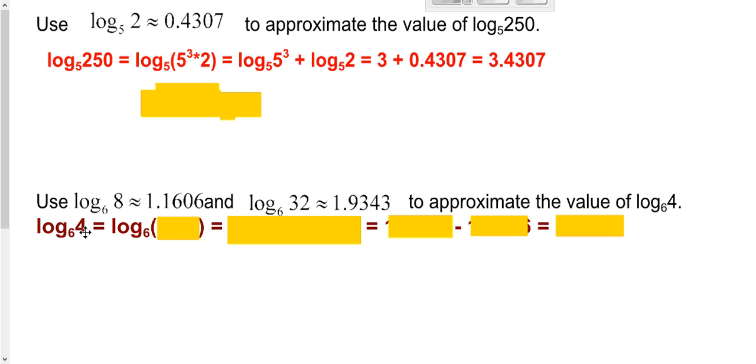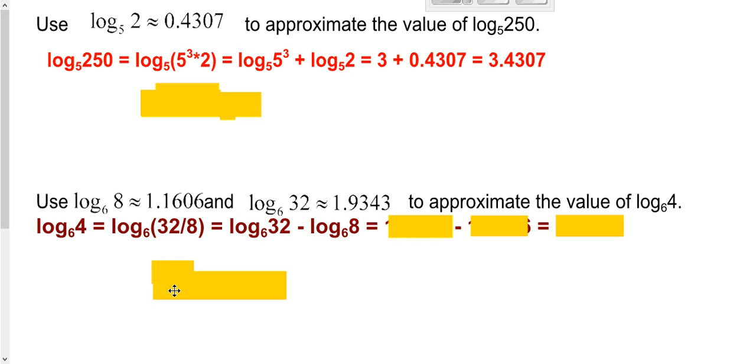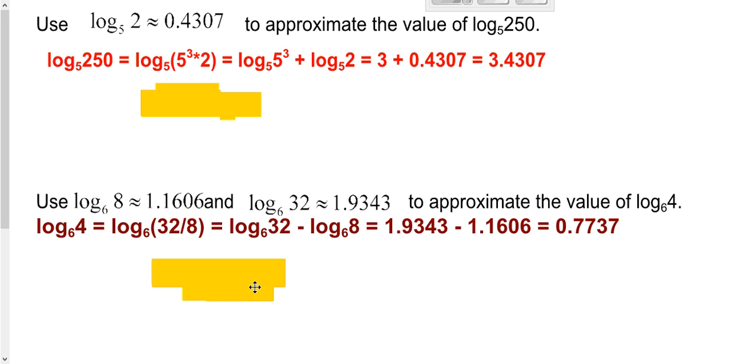Now, 4, hopefully you realize 4 is really just 32 divided by 8. According to our properties of logarithms, we can take the log of the 32 minus the log of the 8. Log base 6 of 32, we have that approximation here. We'll plug that in. Log base 6 of 8, we have that approximation here. We can type that in. Now we can go ahead and subtract these two numbers, and we get our answer.